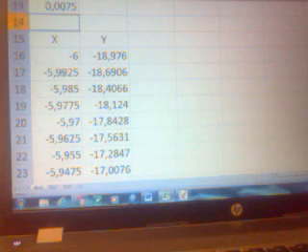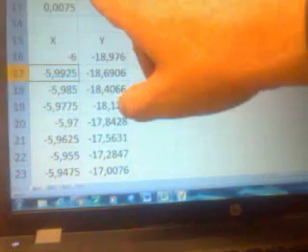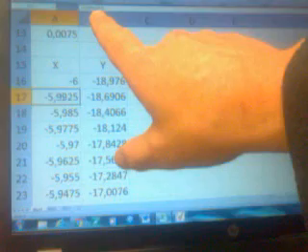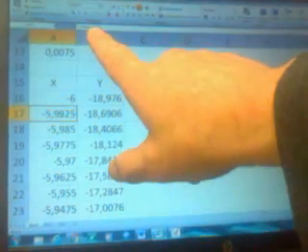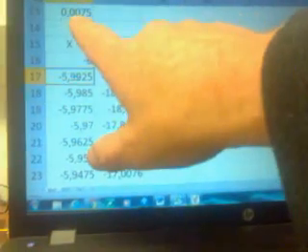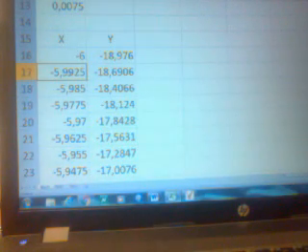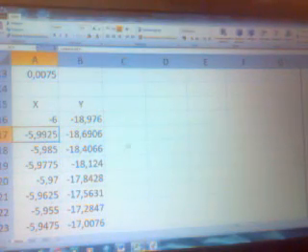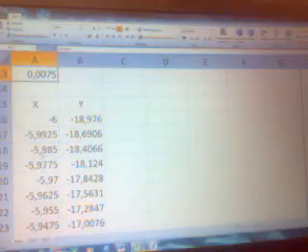This is the increment, as you can see here in the line, but maybe not clearly enough because of my camera's resolution. I use this increment so I can get a clear picture of my graph.